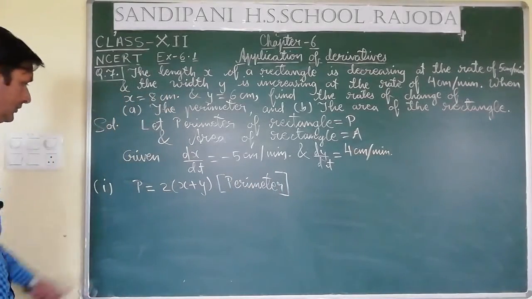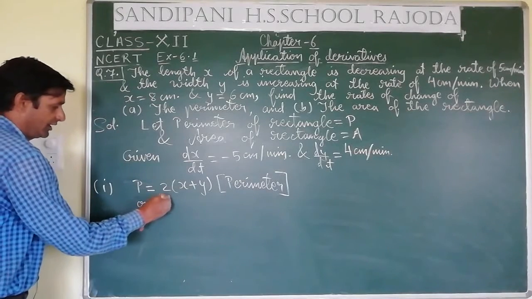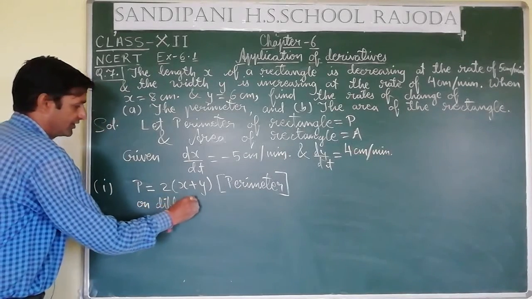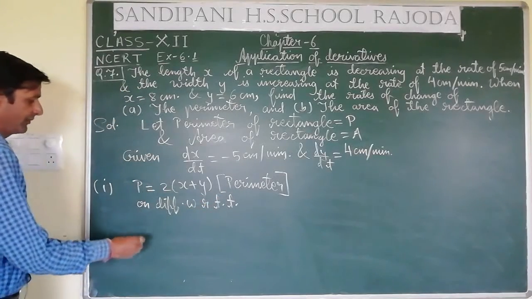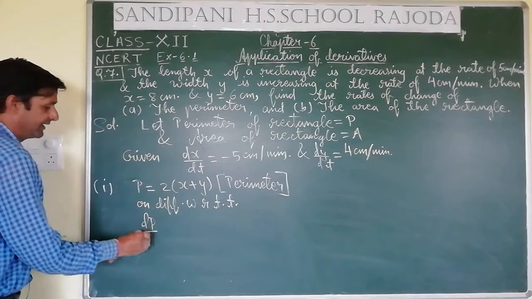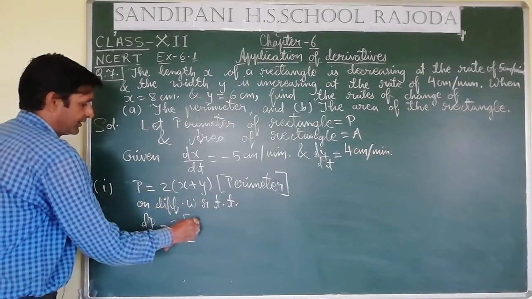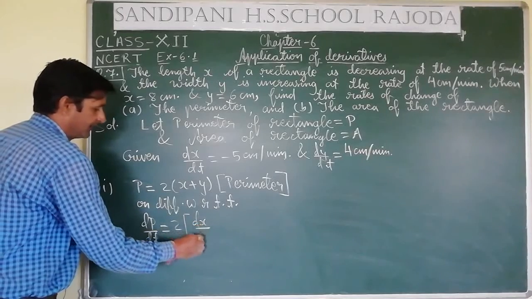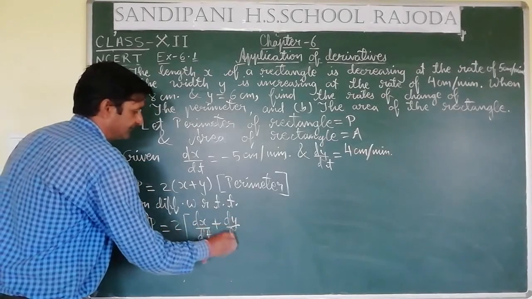And on differentiating with respect to t, what will it become? dP by dt is equal to 2 in bracket dx by dt plus dy by dt.